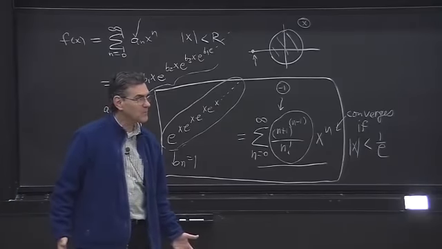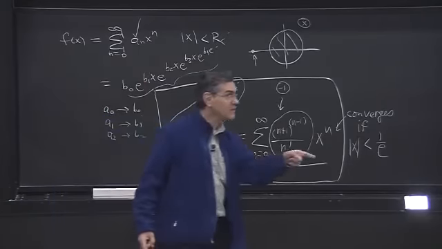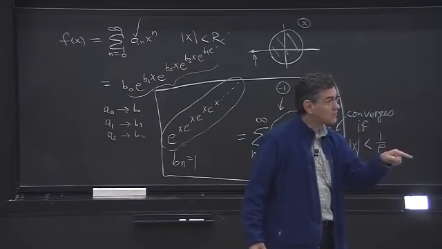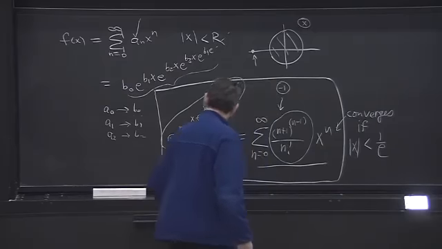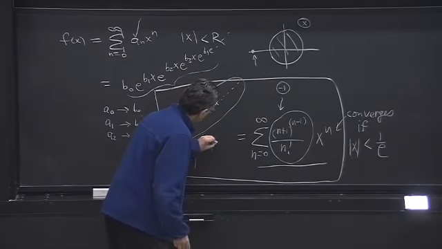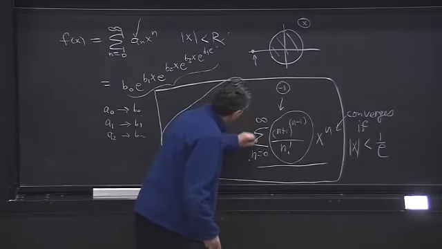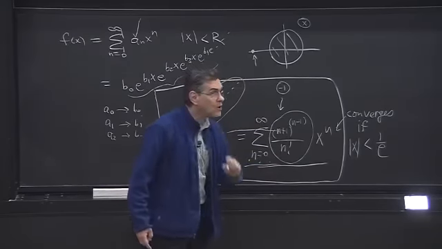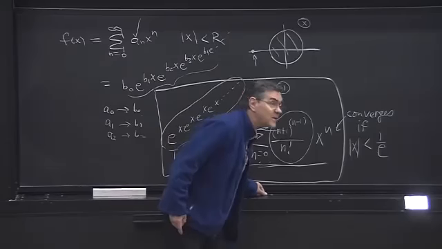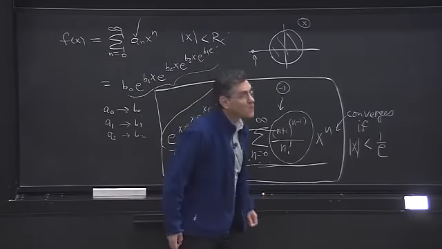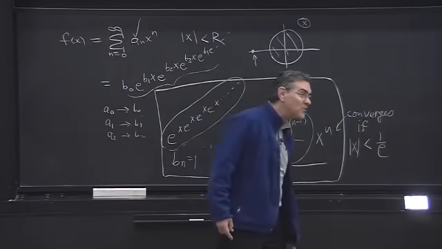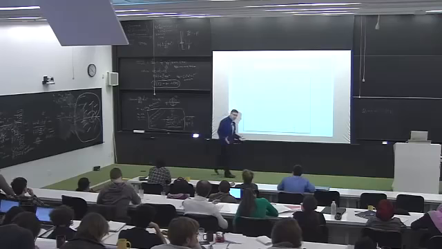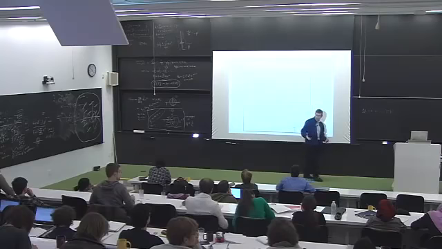What could it do? It could oscillate. In other words, it could converge to two limits. It could approach this limit and that limit. Or it could converge to 3 limits, or 4, or 5, or 6, or an infinite number of limits, which would be chaos.